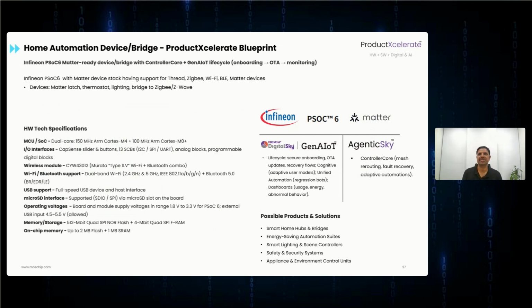It also hosts adaptive user behavior models, regression boards, and unified dashboards for energy usage and anomaly tracking. Agentic Sky contributes the controller core, enabling mesh network rerouting, fault recovery, and adaptive automation logic. This allows the hub to maintain service continuity even if a node fails, ensuring that home environments remain predictable and autonomous.